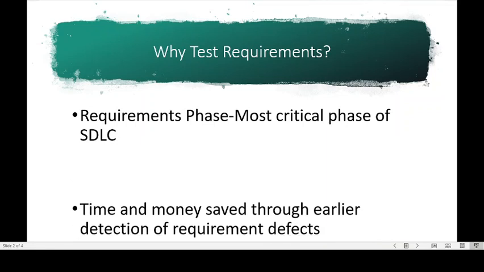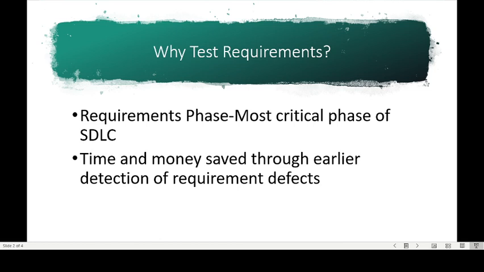Ultimately, we will end up reinvesting our time and money in fixing those overlooked requirements. Thus, time and money savings are another strong reason why we should test requirements at the very beginning, which would ultimately result in enhanced software quality.